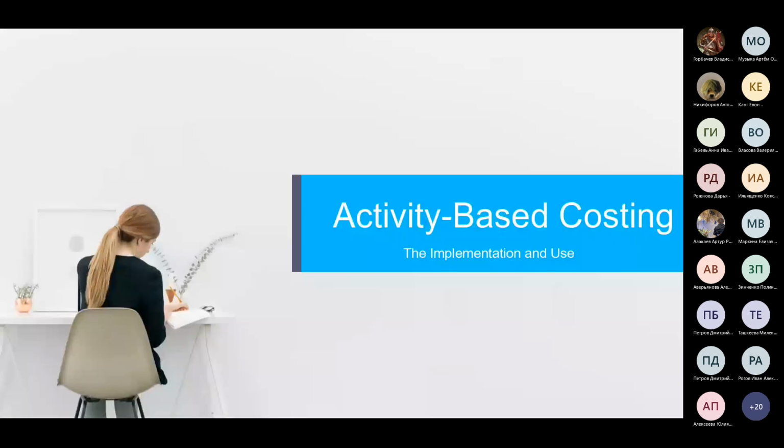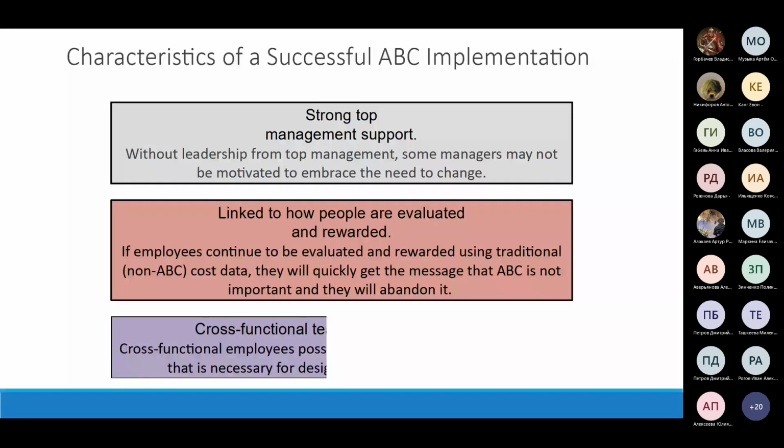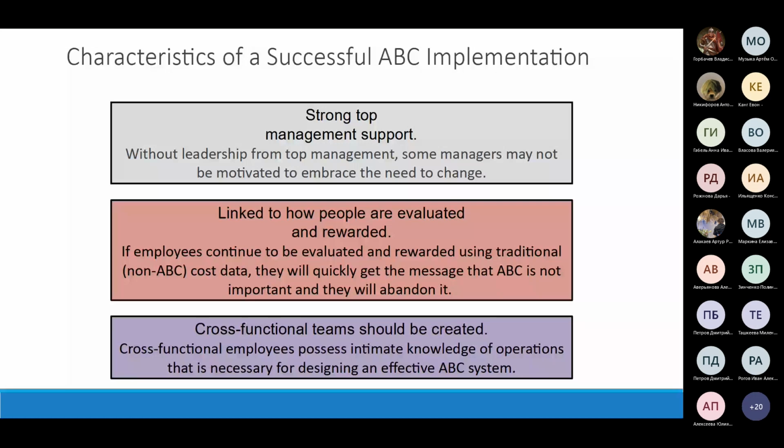How to implement the activity-based costing system? When we want to implement the ABC system correctly, we need to find strong top management support. So if you decide to implement it starting from the accounting department or starting from the production department, you will fail, of course, because this is a huge change of the process in total, a very significant change of the business model of the company, and of course you should have the support.